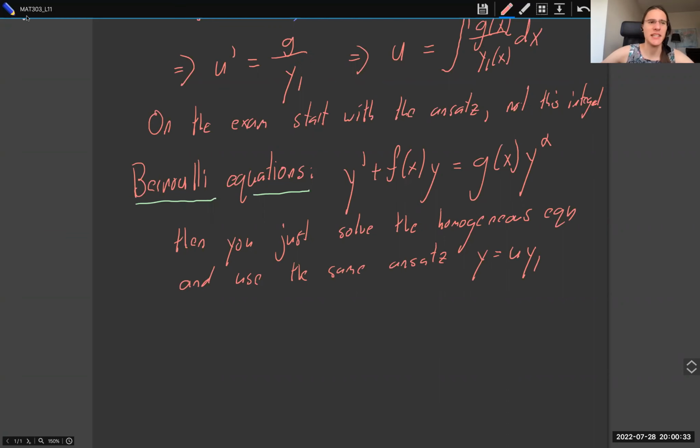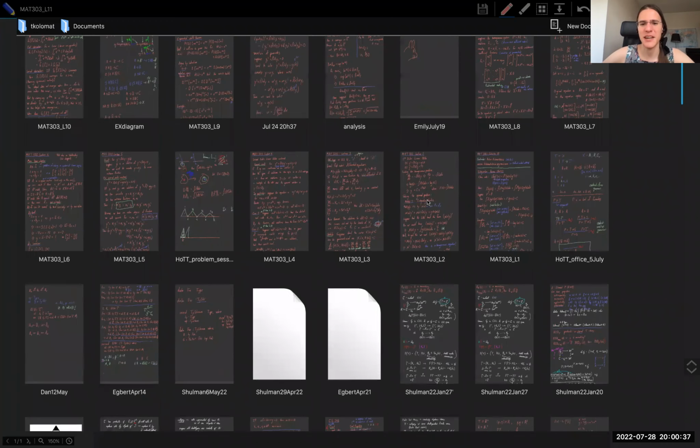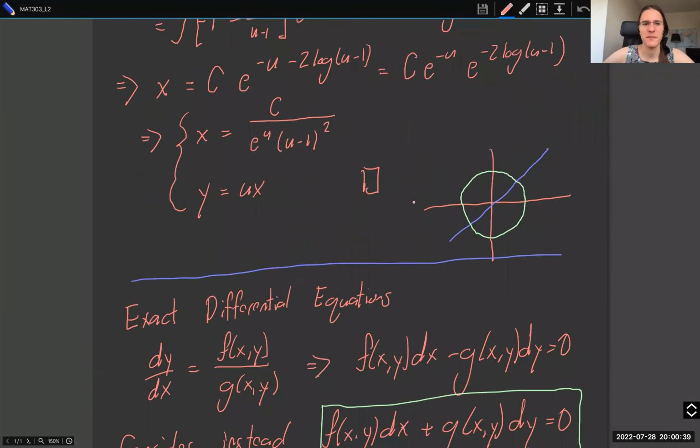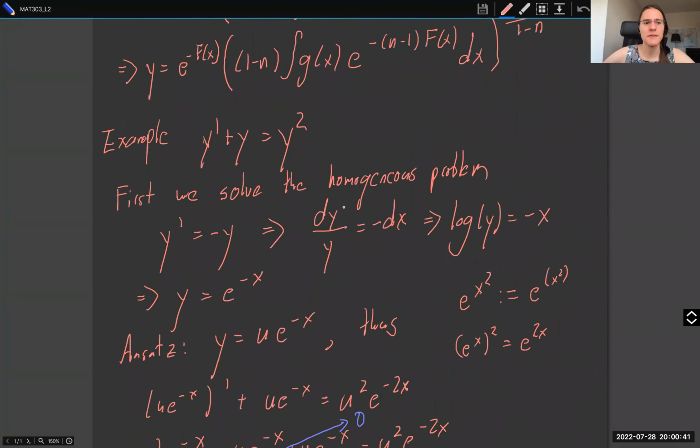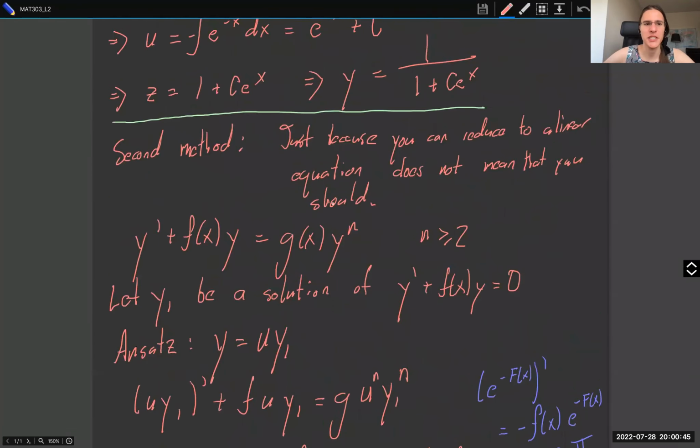So that's the easier way to solve Bernoulli equations. We did a substitution method, but you don't actually have to do that. And the next thing that we did is homogeneous equations, which are different from linear homogeneous equations.